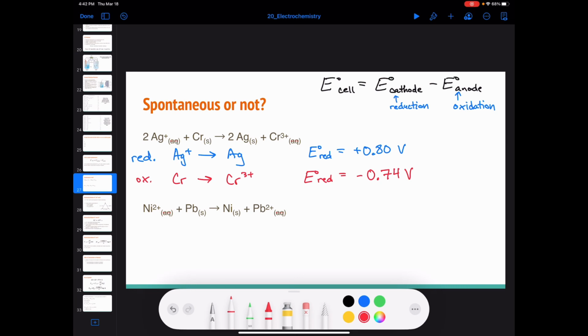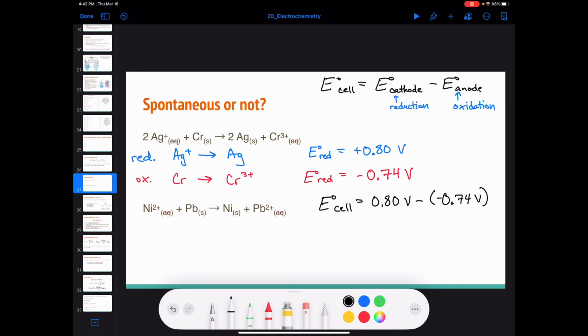Now, a couple of important things. Oh, actually, let me go ahead and finish this calculation, and then I'll tell you some important notes. So E naught for our cell is going to be equal to the reduction one, our cathode, which is a positive 0.80 volts, minus the oxidation one, right, which would be a negative 0.74 volts.